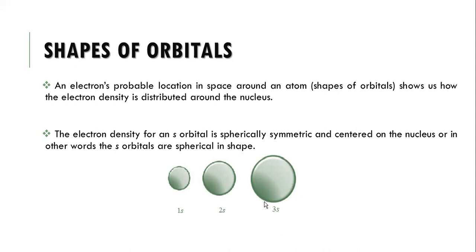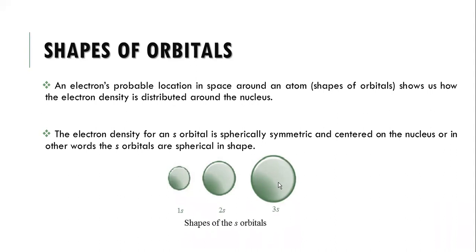The s orbital is always spherically symmetric and concentrated at the nucleus. The width increases as the number of shells increases. So this is the shape of the s orbital, spherical.